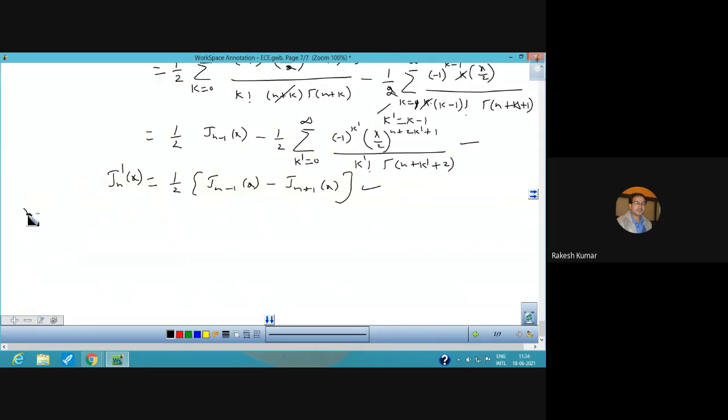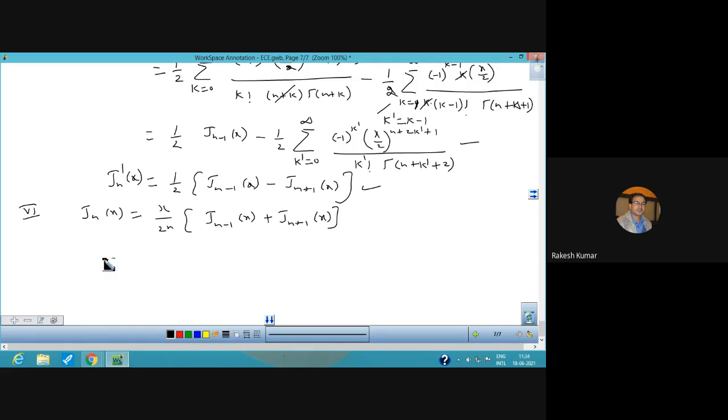Now the last recurrence relation is the sixth one, and that is Jn x is equal to x upon 2n times Jn minus 1 x plus Jn plus 1 x. This is the last recurrence formula.